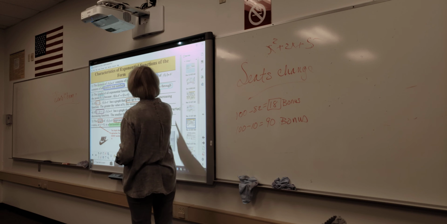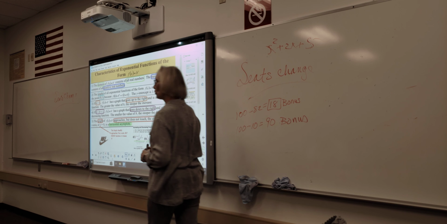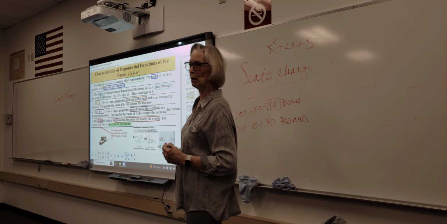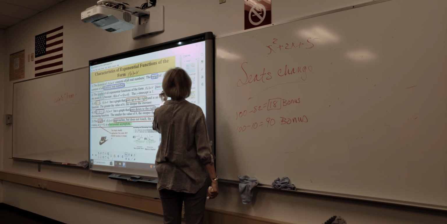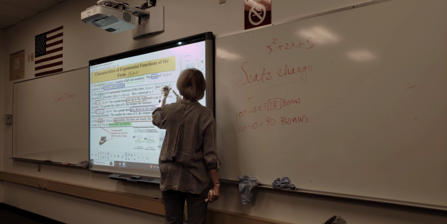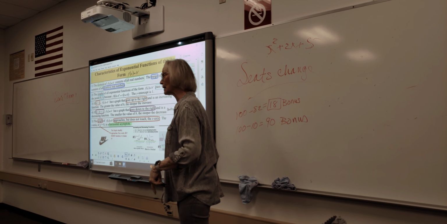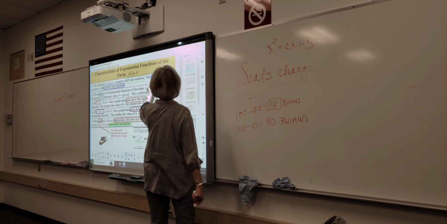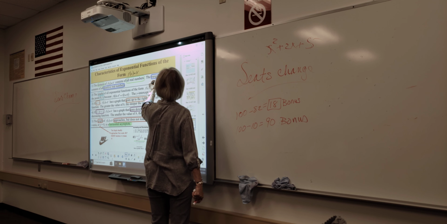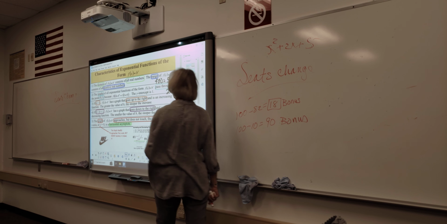Okay, the graphs of an exponential function always go through the point (0, 1). Why? Look, if I have 2 to the x power and I make x 0, what's 2 to the 0 equal? We learned that in exam 2. 1. Let's say my formula says f(x) equals 5 to the x power.